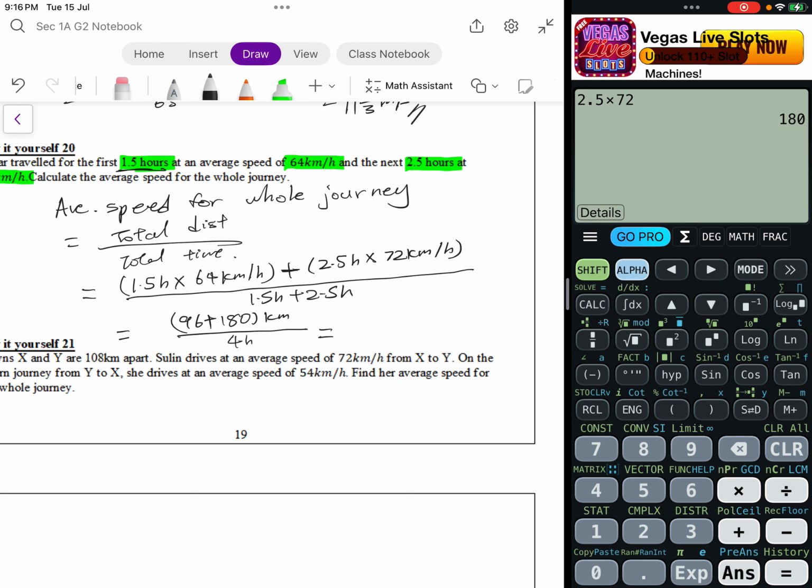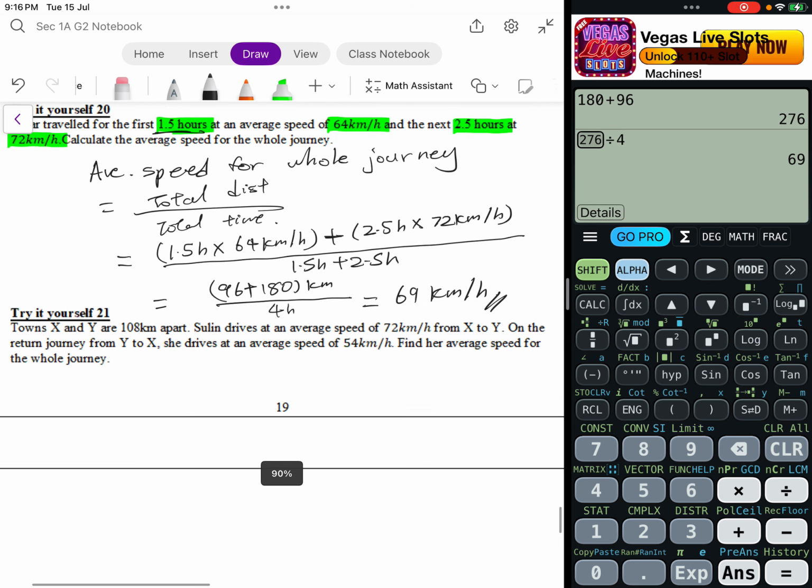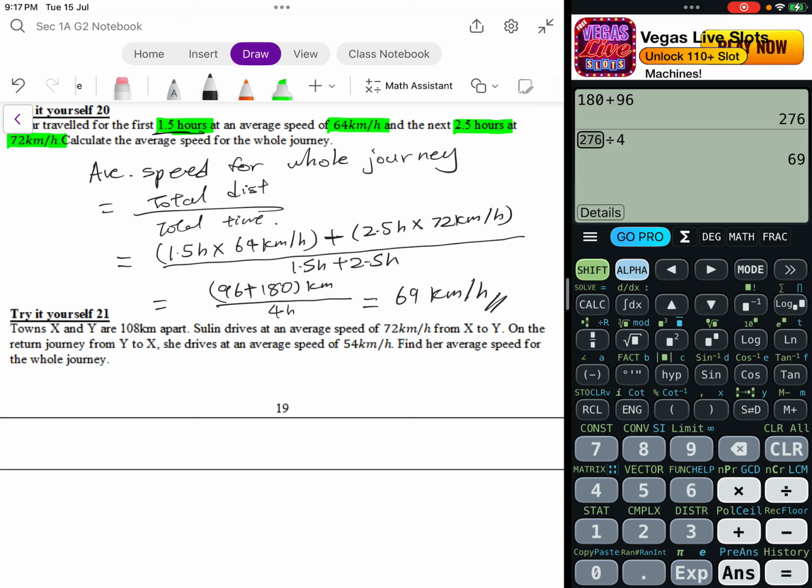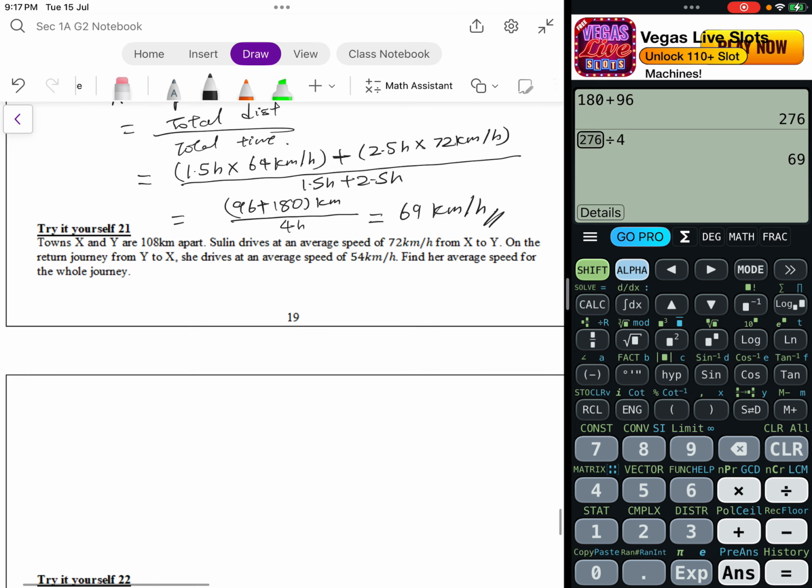Okay, so I'm going to get up here. 180 plus 96 is 276. Then I'm going to take this 276 divided by 4. 69 kilometers per hour. Okay, so this is how you do it in one equation to find total distance divided by total time for the whole journey.